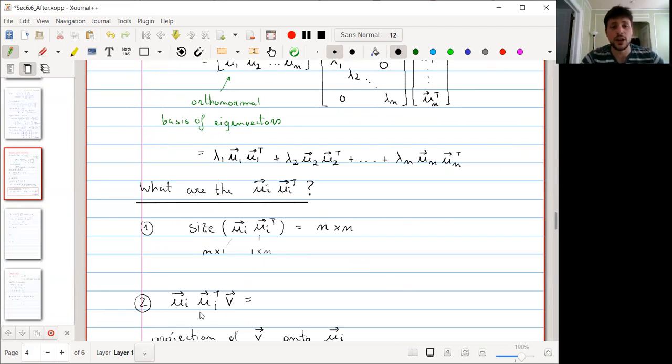Let's try. What happens when I multiply ui ui transpose with any vector v is the following. You get ui times ui transpose v, which is nothing but ui dotted with v. But I can rewrite this as follows, and maybe we'll recognize this as being in a certain familiar form.